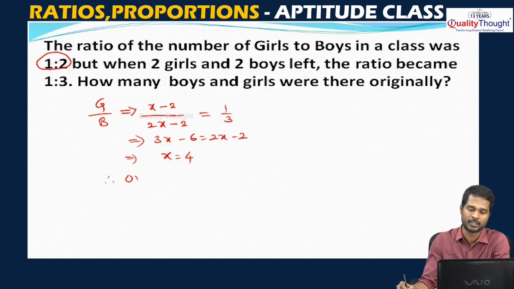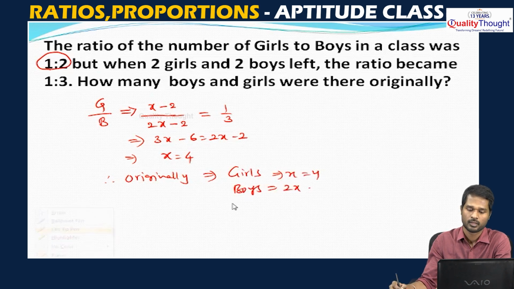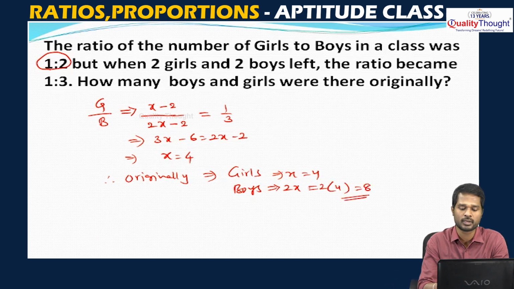So the number of girls is x, that is 4, and the boys were 2x, which is 2 into 4, that is 8. So we have originally 4 girls and 8 boys in the class.